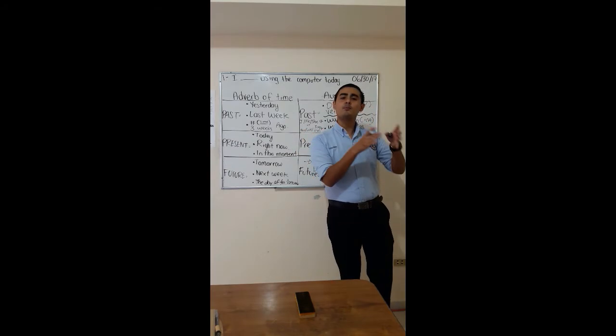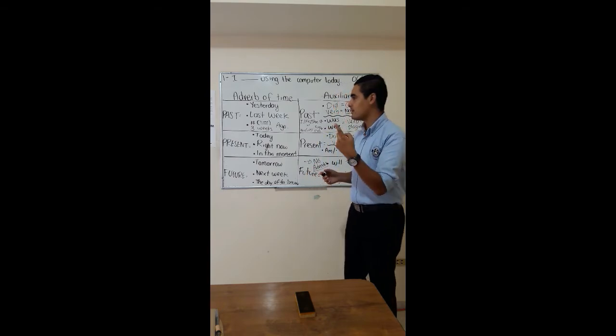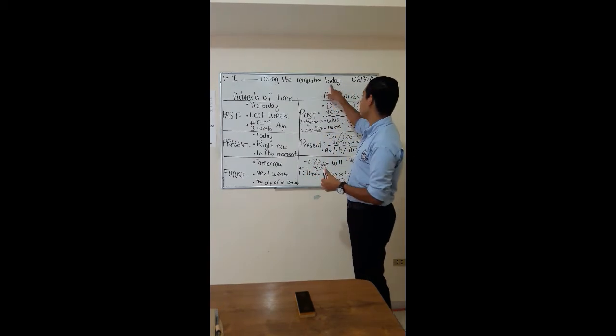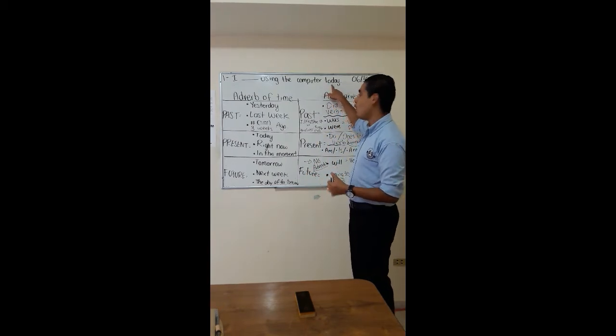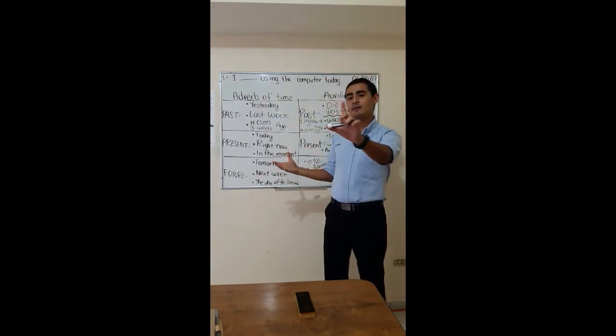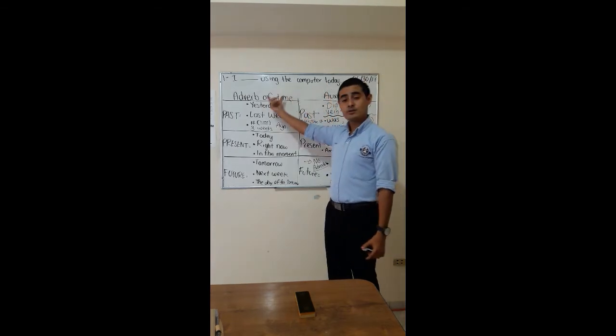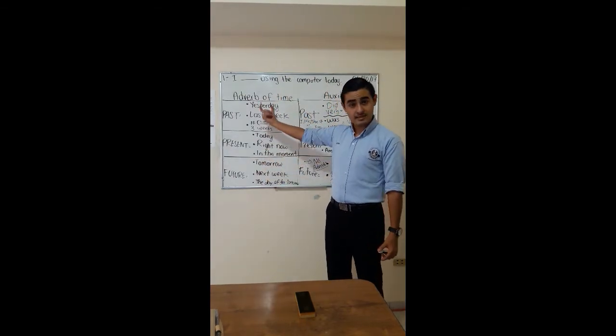Yo, usando la computadora hoy. So here, what you have to do is, you have to identify the word today. Or you have to identify the adverb. Tenemos que identificar primero la última palabra de la oración. Esa nos va a decir qué idea debemos utilizar.